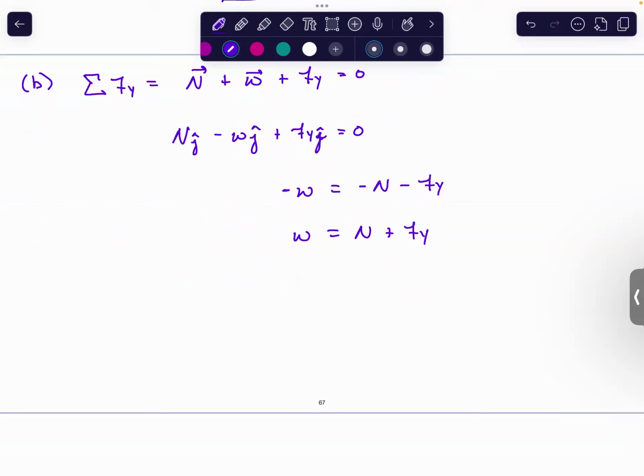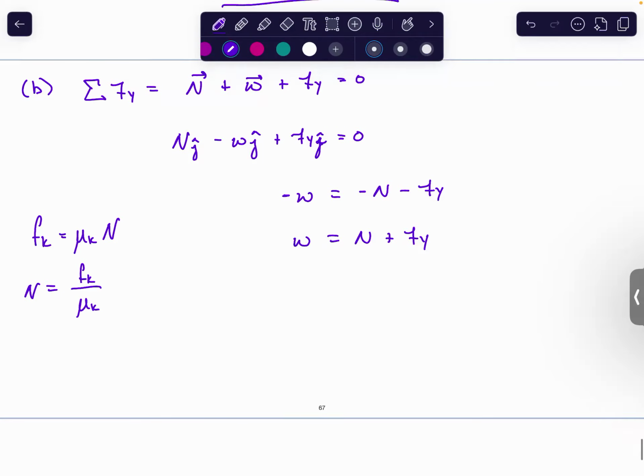And now I've solved for the variable. I have a couple of things that I need to plug in here. So we know that kinetic friction is the coefficient of kinetic friction multiplied by the normal force. And so my normal force is going to be my kinetic friction force divided by its coefficient.